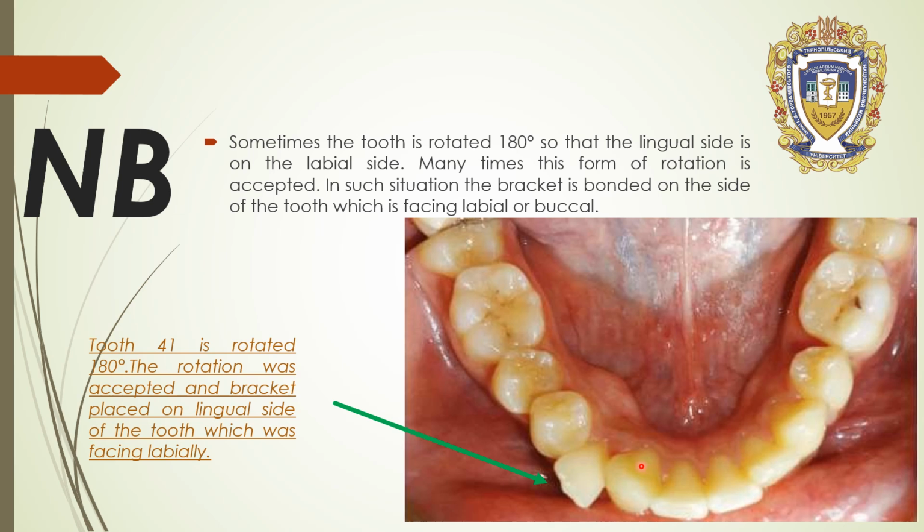A lower right canine is placed between tooth number 4-1 and 4-2. Let's count the teeth: 4-1, 4-3, 4-2, 4-4, 4-5, 4-6, 4-7.